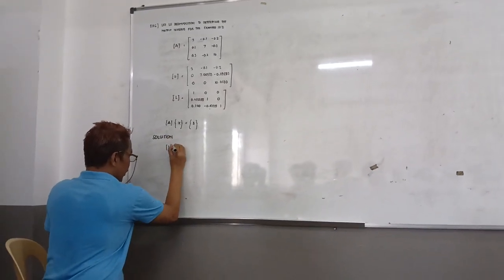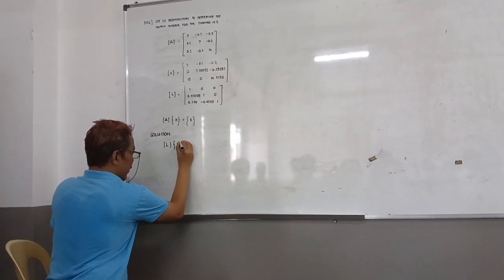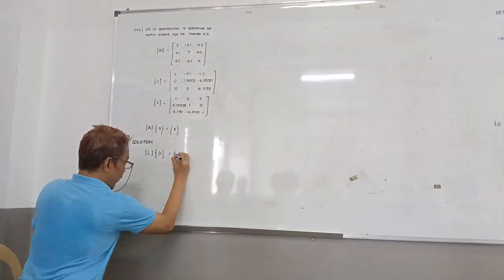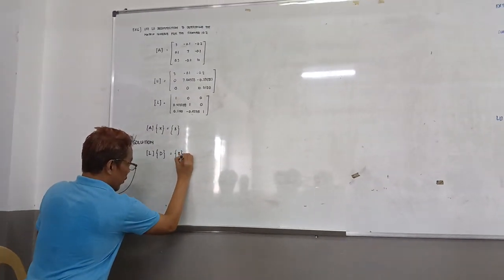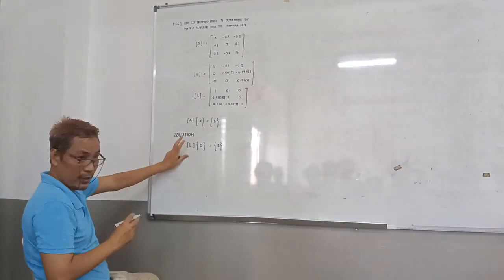L, which is a matrix, multiplied by D is equal to vector B. So this is the first step.